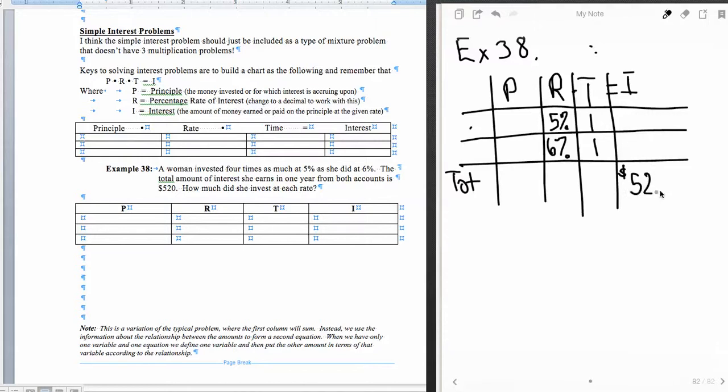So we're going to put 520 right in here for the total interest box. And she has 4 times as much at the 5% as the 6%. So at the 5%, she has 4 times as much as at the 6% level. So this is going to translate into an equation right there.